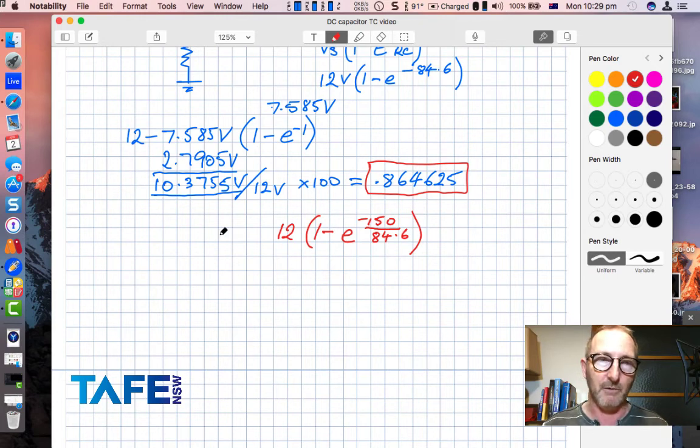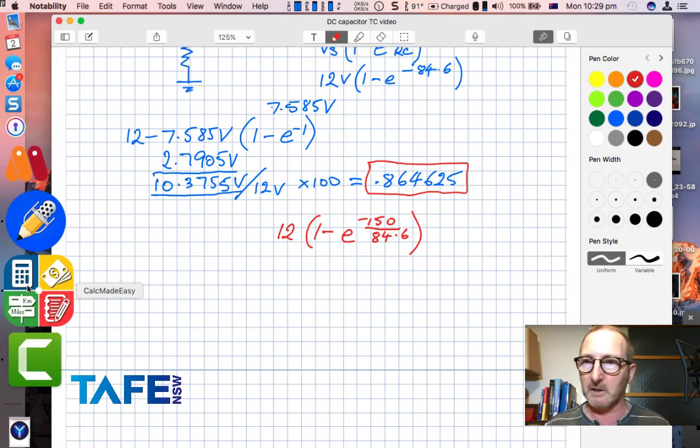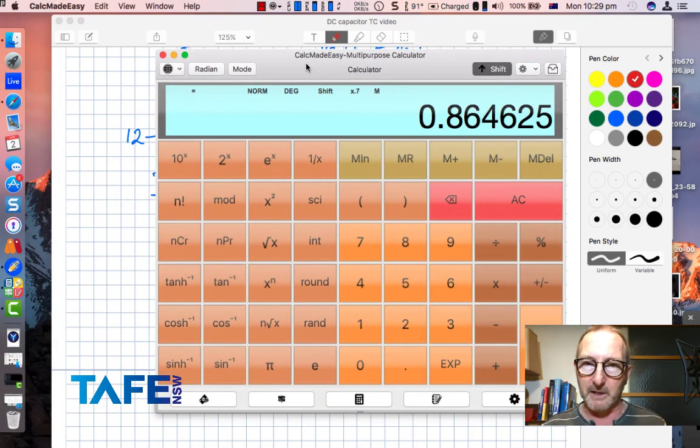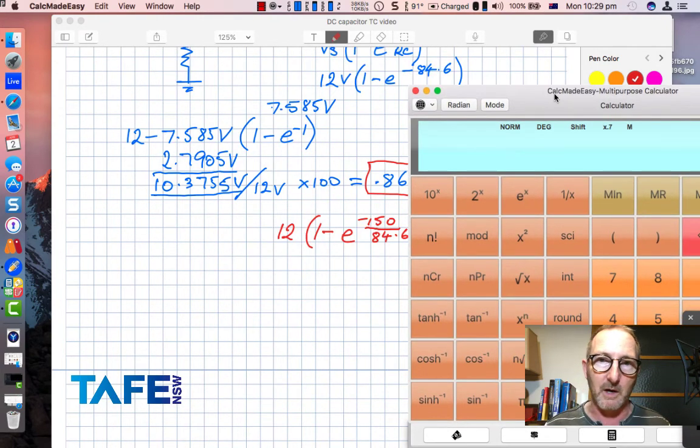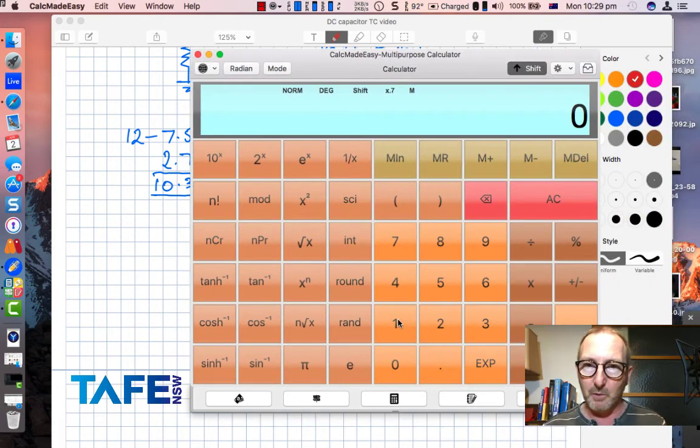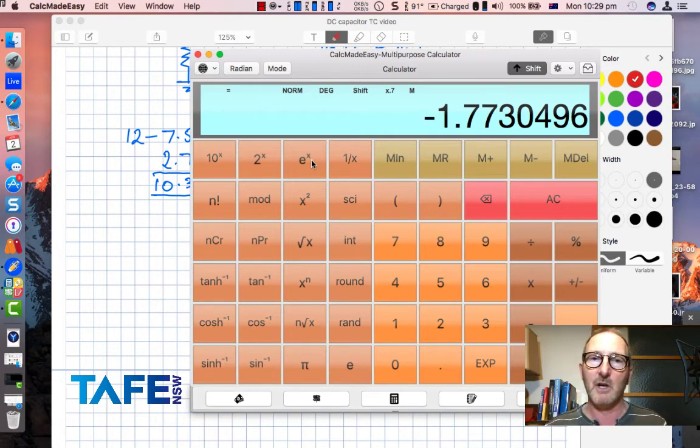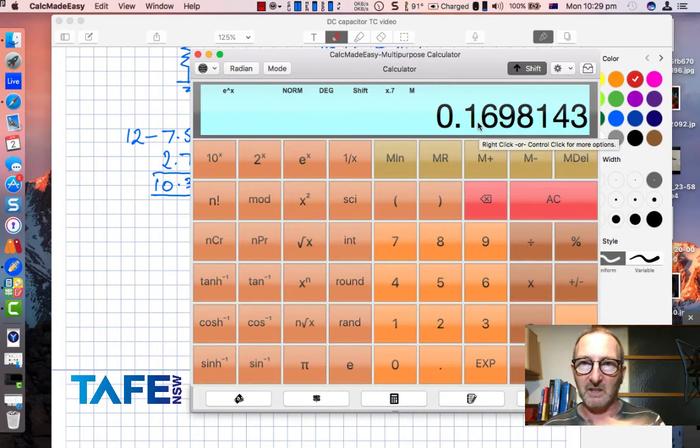All right, let's run the maths on that. 150 divided by 84.6. My calculator is a little bit like reverse Polish notation in a way. I've actually got RPN turned off, but the way this calculator works, I've got to start from the right-hand side of the equation. So 150 over 84.6. 150 divided by 84.6 equals, change sign, e raised to that value, and then don't forget that's a decay value, so I need to find the voltage across the capacitor now, not the current in the circuit.